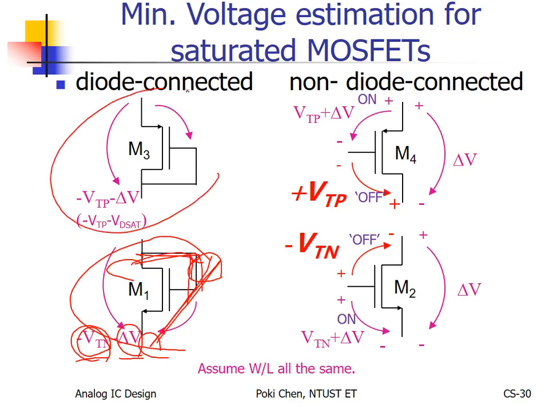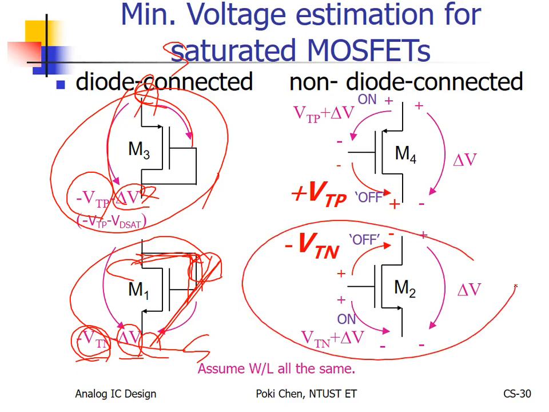A similar condition holds for PMOS: the source is one VT and one delta V higher than your gate and drain. Reversely, your gate and drain should be one VT and one delta V lower than your source. I mean for PMOS.